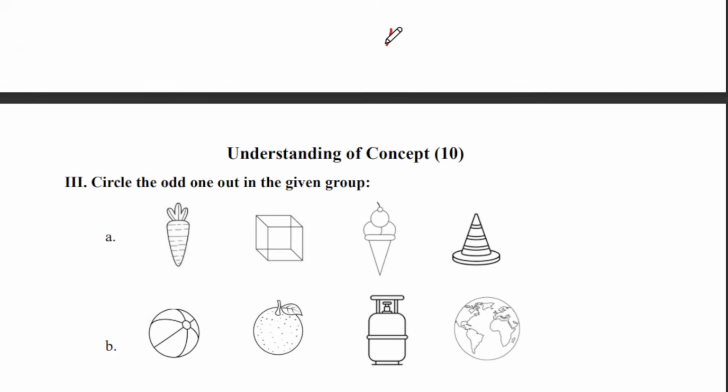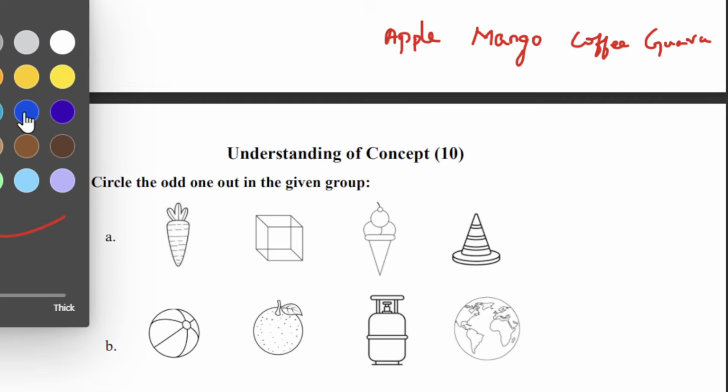For example, if I am writing apple, mango, and coffee, and what else? Guava. So if a question is asked to strike out the odd one out, what do we have to do?